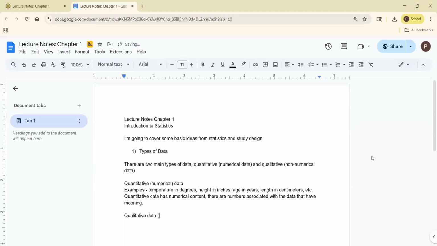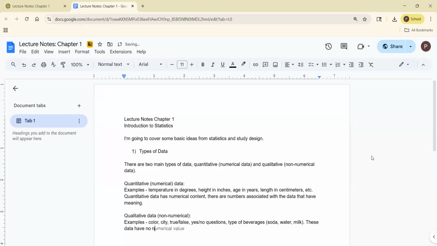Qualitative data. Examples include color, city, let's see, true or false questions, yes or no questions. It could include things like types of beverages: soda, water, milk.